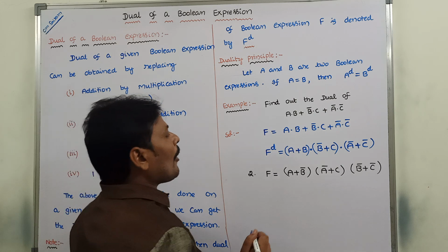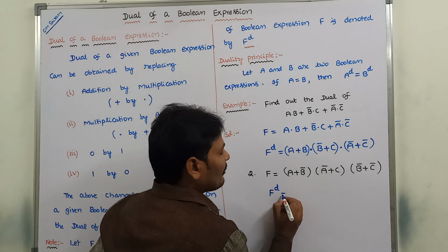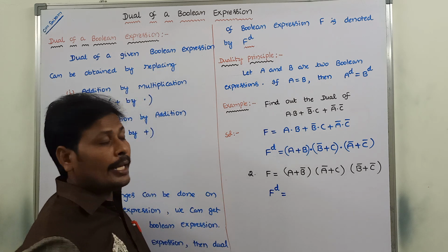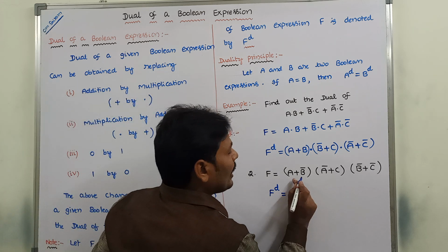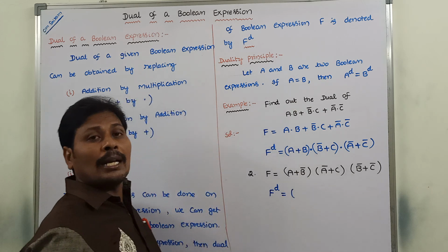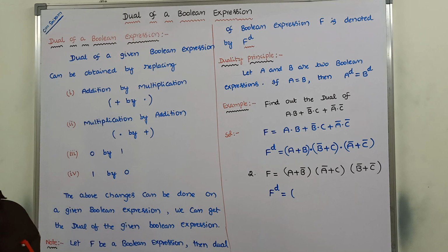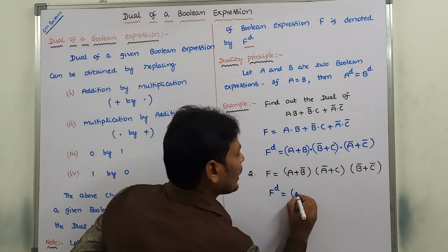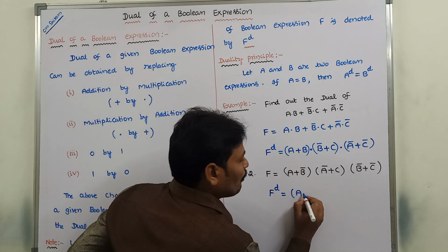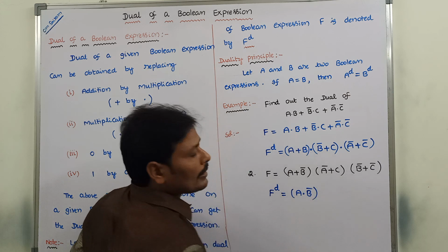The dual of a Boolean expression is represented by F power D. So F power D is equal to, here A plus B bar. In between them, the addition symbol is there. The addition symbol can be replaced by multiplication. So A plus B bar can be replaced by A into B bar.